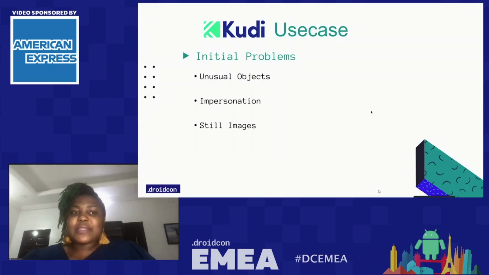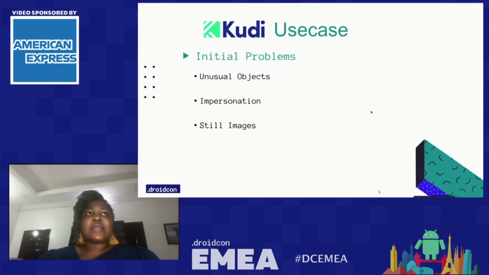Like I explained earlier, MLKit is one of the things we currently embrace at my company, Kudi. Our use case is not so unique, but it has helped us solve some of the prominent problems we've had in the past.